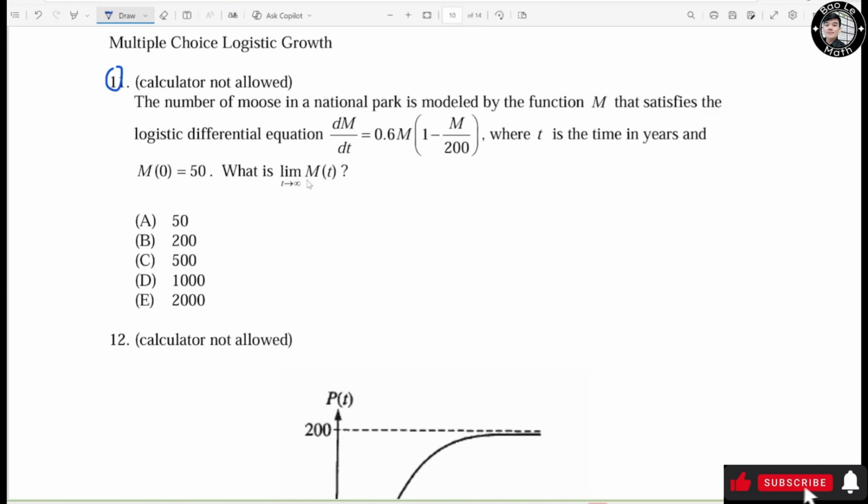What is the limit of m of t as t approaches infinity? When t approaches infinity, m approaches L, the carrying capacity, which is 200. The answer must be B.